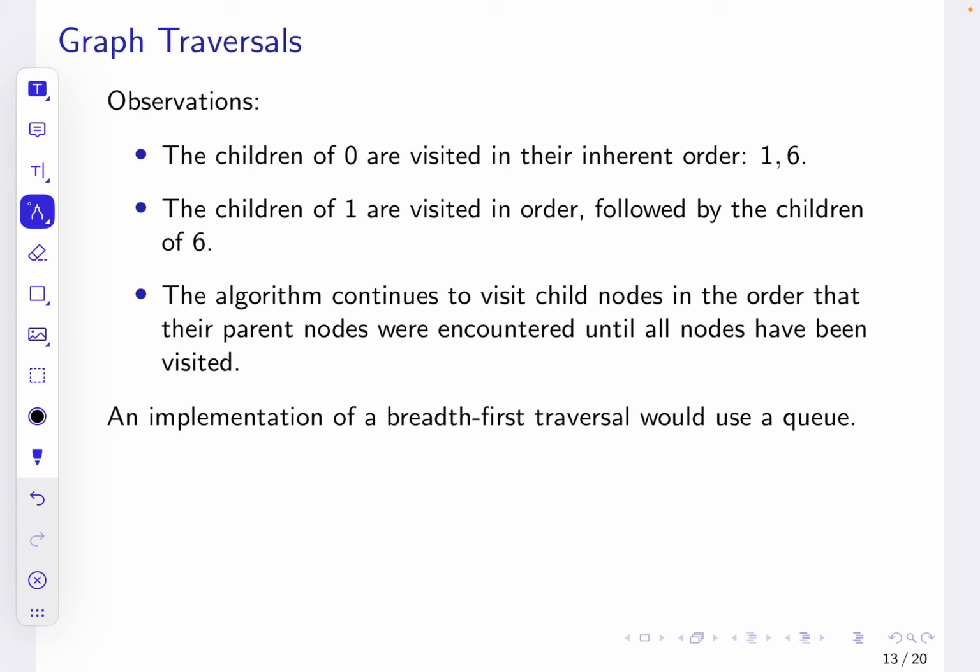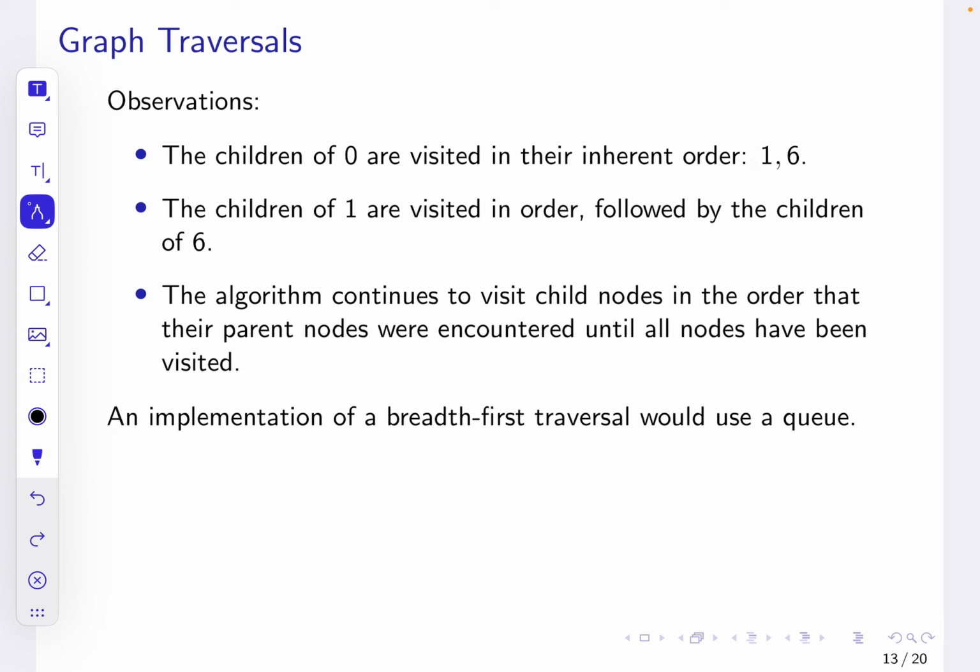So the first two observations we definitely already saw. The children of 0 are visited in order, so 1 goes before 6 because 1 is less than 6, rather than 6 going before 1. Then those children are visited in order: the children of the first child, and then the children of the second child.